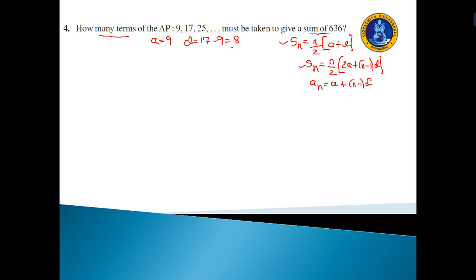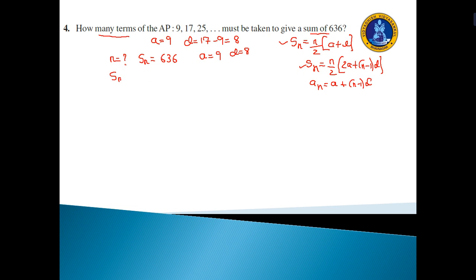So d is equal to 8 and a is equal to 9. Now the sum Sn is given, Sn is equal to 636. So we have to find n. This formula we have to use.